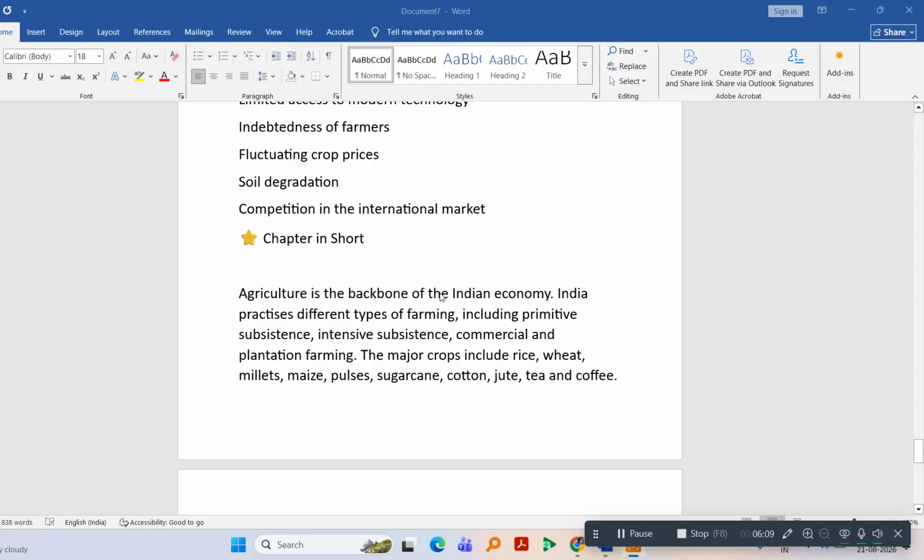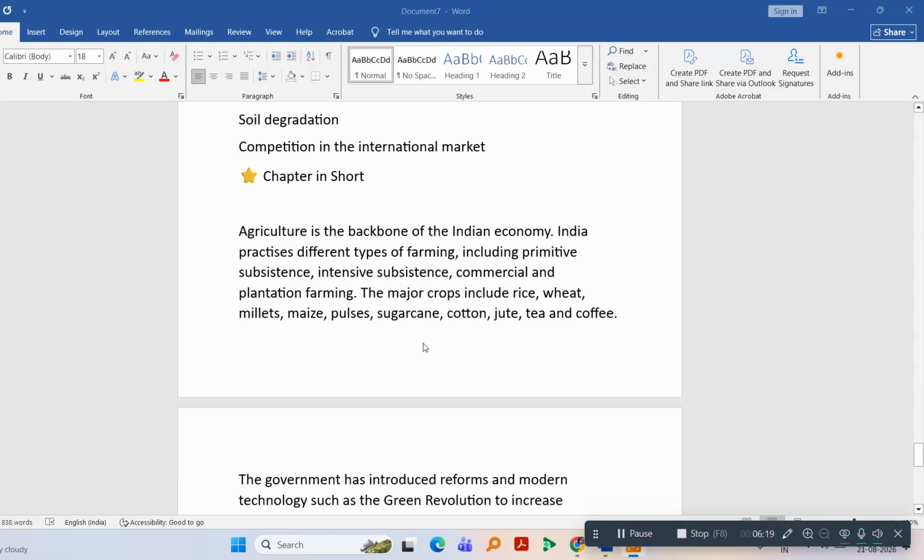Agriculture is the backbone of the Indian economy. India practices different types of farming, including primitive subsistence, intensive subsistence, commercial, and plantation farming. The major crops include rice, wheat, millets, maize, pulses, sugarcane, cotton, jute, tea, and coffee.